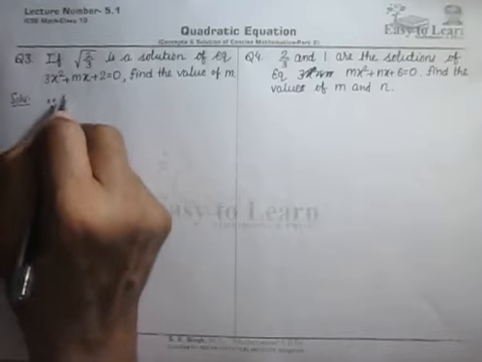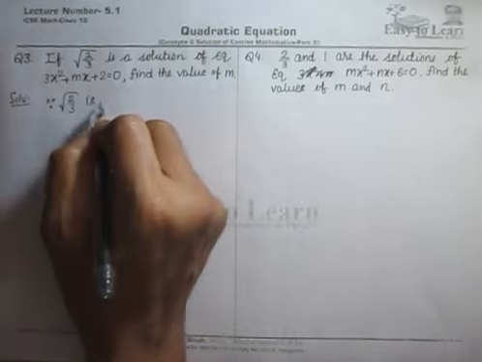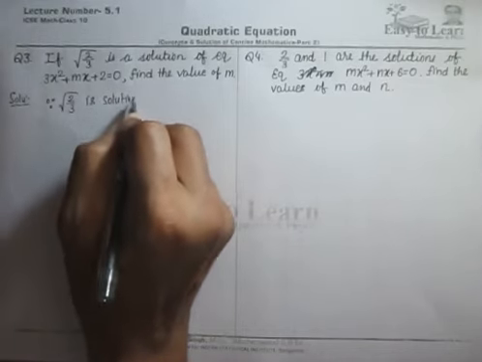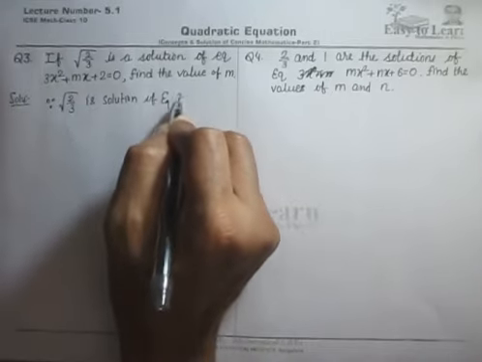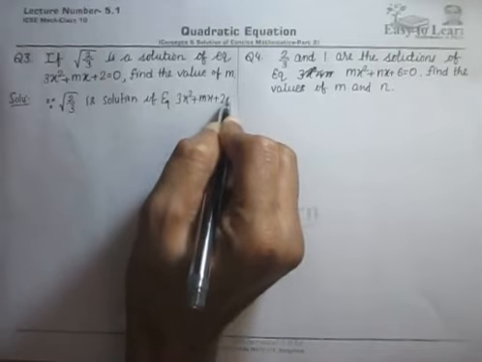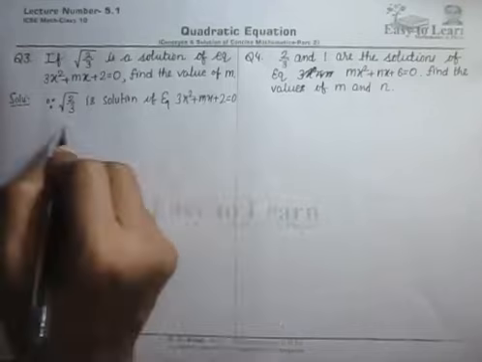Since √(2/3) is a solution of the equation 3x² + mx + 2 = 0, it means this value of x must satisfy the equation.